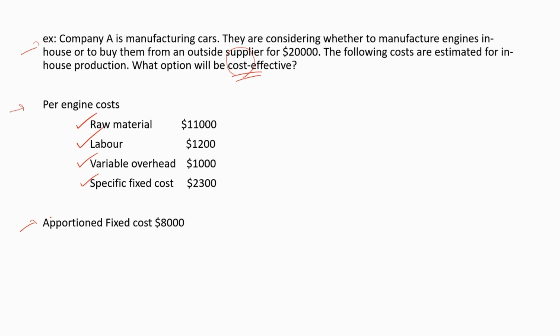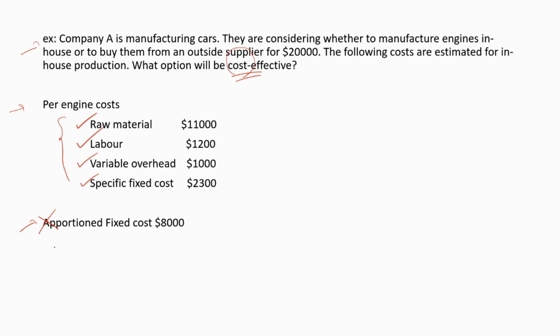Now we have to identify what are the relevant costs for the production of engines in-house. All these costs are relevant because these are future incremental cash flows. In other words, they are relevant costs. We do not consider the apportioned fixed cost amount because this is an irrelevant cost.